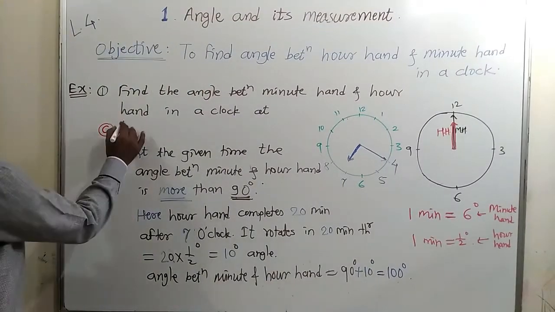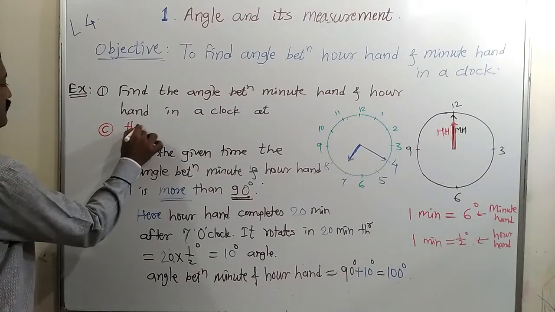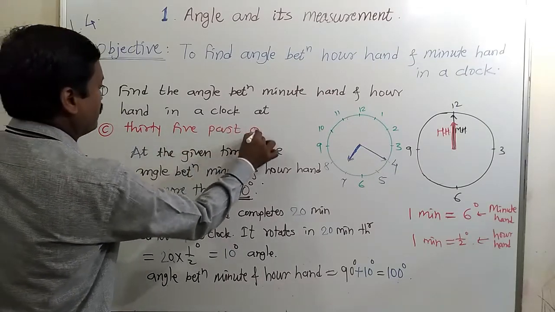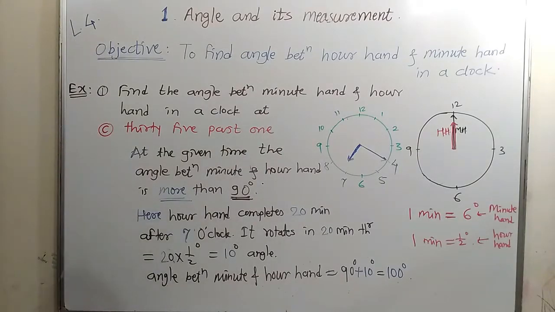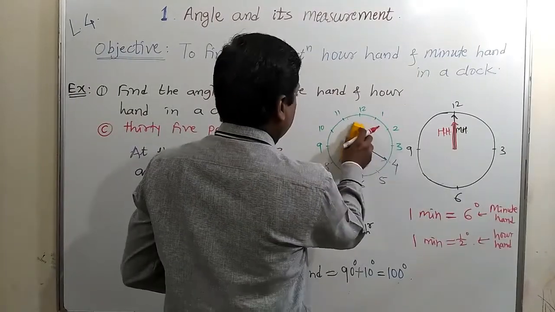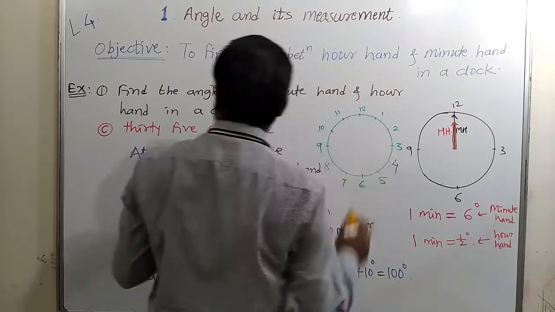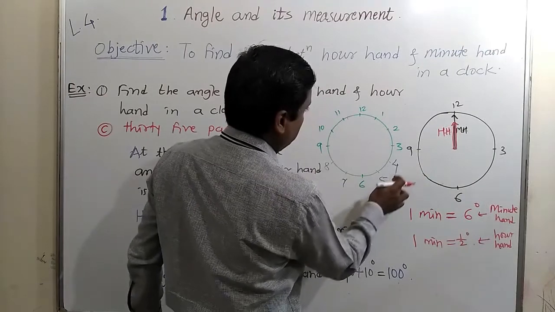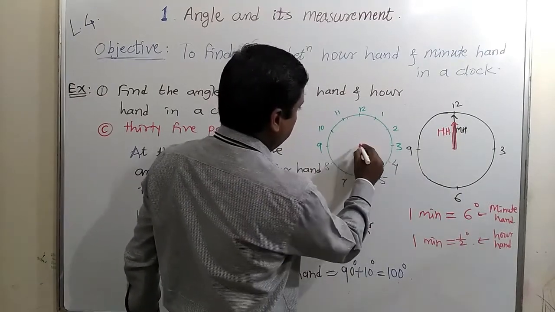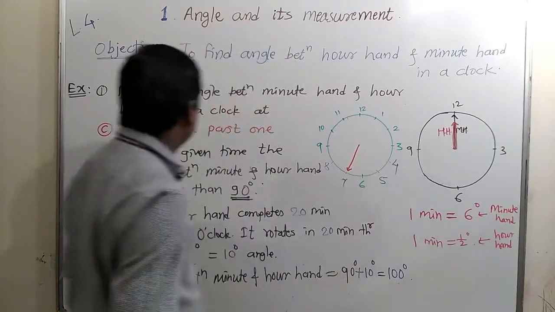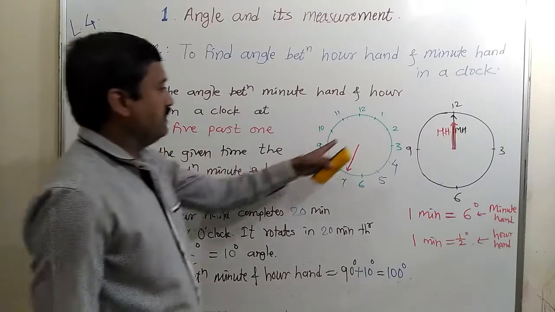35 past 1. So past 1 means after 1 o'clock the minute hand will be at 35 minutes. So these are 15, 20 and 25, 30, 35. So the minute hand will be at 7. 35 means the minute hand will be at 7.